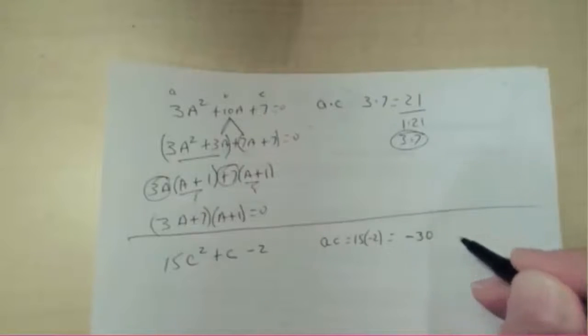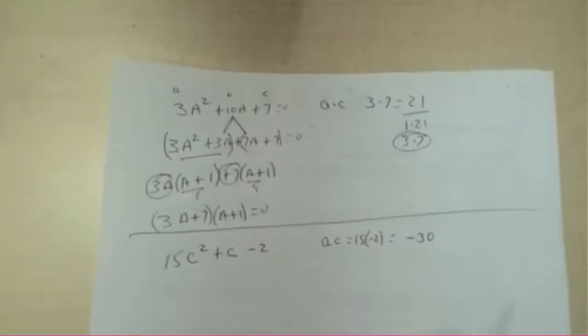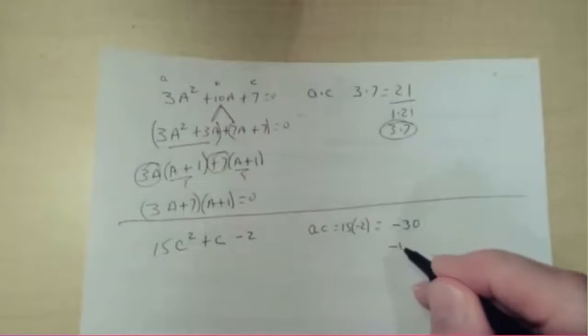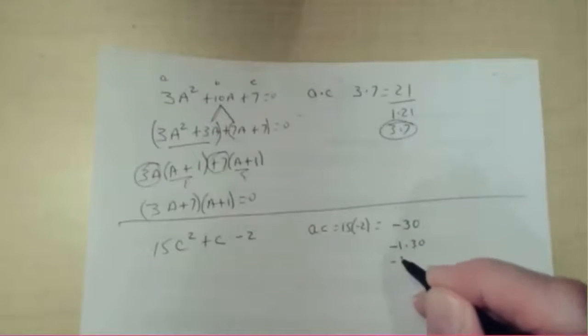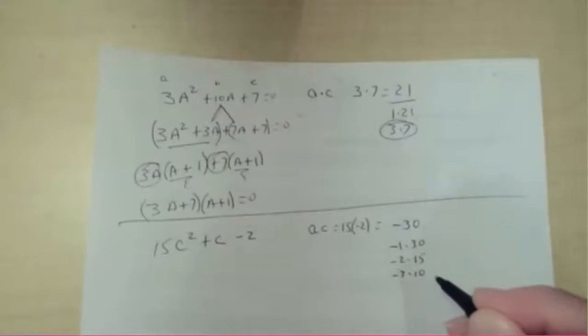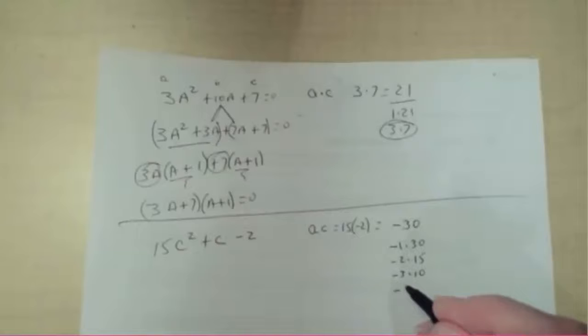Now we want the factors of negative 30 that combine together to give us 1c, or just c. So we have negative 1 times 30, negative 2 times 15, negative 3 times 10, and negative 5 times 6. There we are. 6 minus 5 is 1.